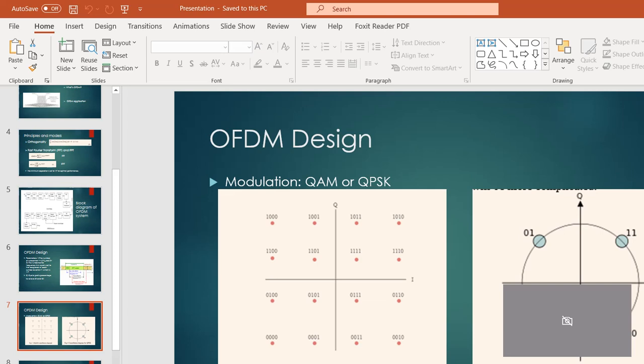QAM is known as the quadrature amplitude modulation, and the QPSK is the quadrature phase shift keying. Both methods have their own good points and bad points.